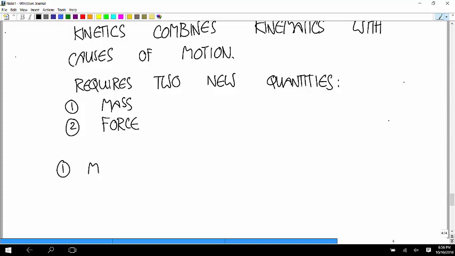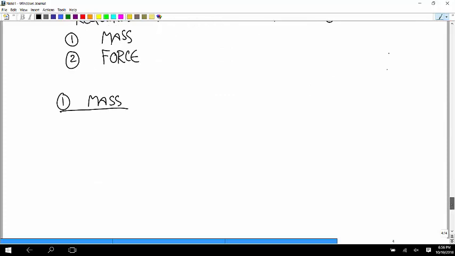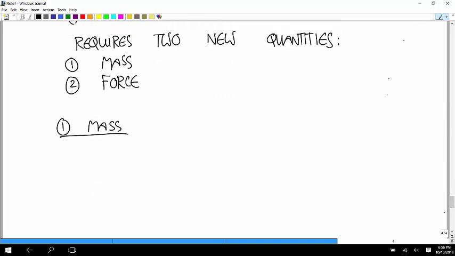So the first one, the easy one, is mass. And what mass is, is a measure of an object's resistance to acceleration. How hard is it to accelerate an object?